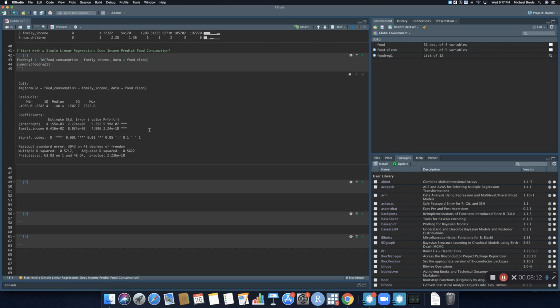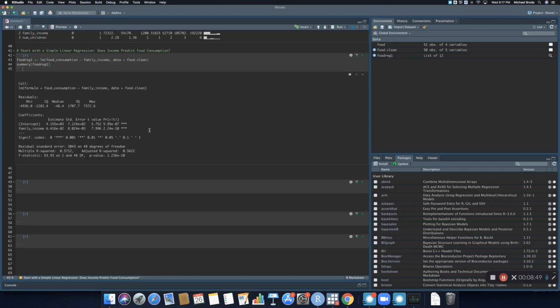Okay, in general terms, a coefficient estimate or a slope estimate in regression tells us the amount that our outcome is predicted to increase when our predictor increases by 1 unit. I'll say that again. So a slope coefficient tells us the amount that our outcome is predicted to increase, or decrease if it's negative, if the predictor increases by 1 unit.